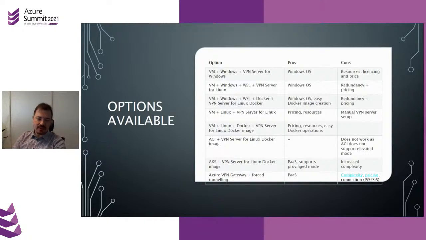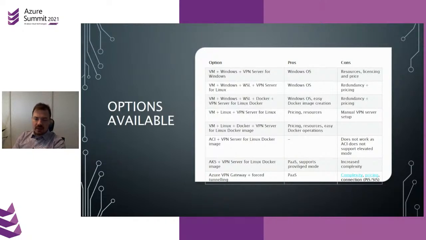And this is the answer. So we cannot use ACI for VPN server solutions, unfortunately. That would be great, but as far as I remember, Microsoft declared that they are not going to support privileged mode for the Docker container inside ACI.